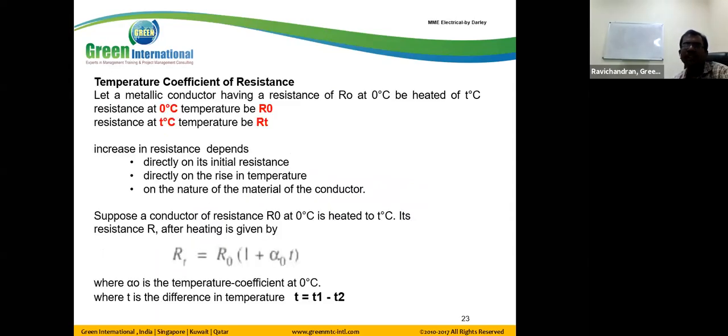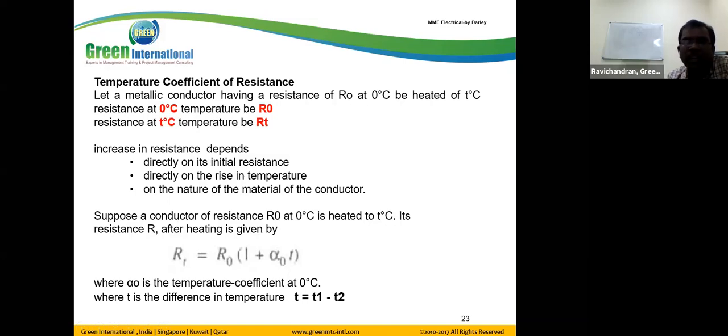Temperature coefficient. Sometimes, due to some reasons, the metal may be heated. Due to the heat, the resistance value differs.